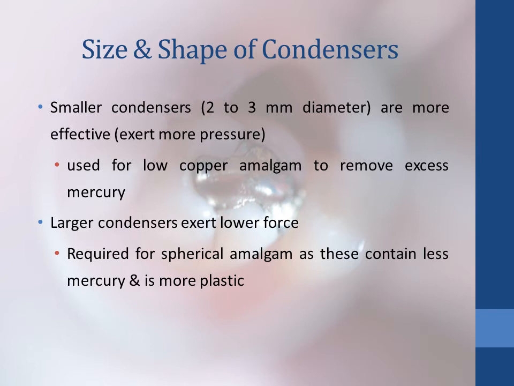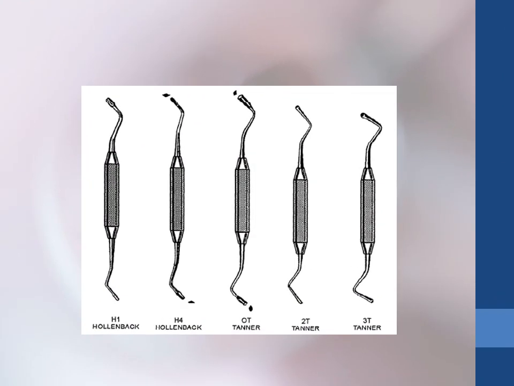They are used for low copper amalgam because we need to remove the excess mercury. Larger condensers exert lower forces, and we use them for spherical amalgam as we don't need to apply that much pressure, and they contain less mercury and are more plastic. High condensation pressure squeezes the mercury out of the amalgam and hence leads to contraction.